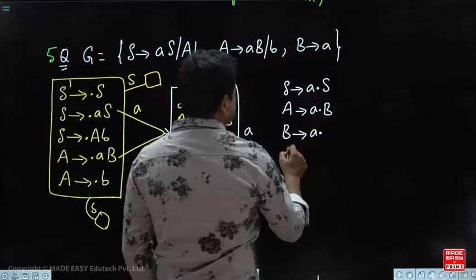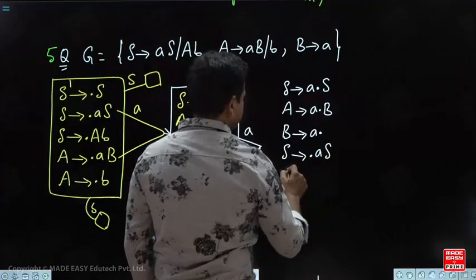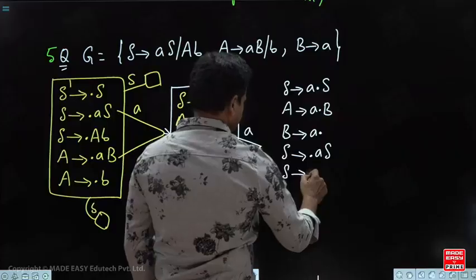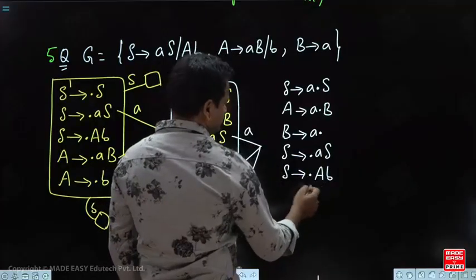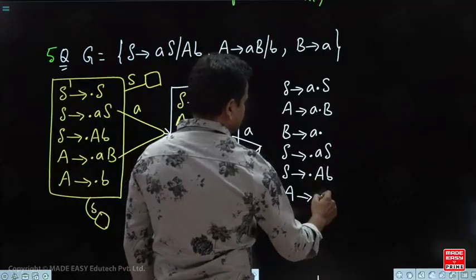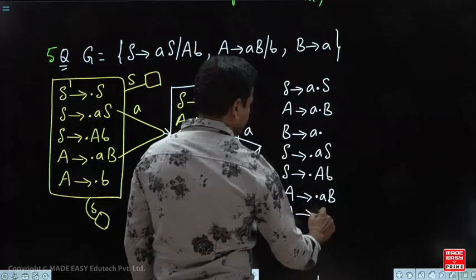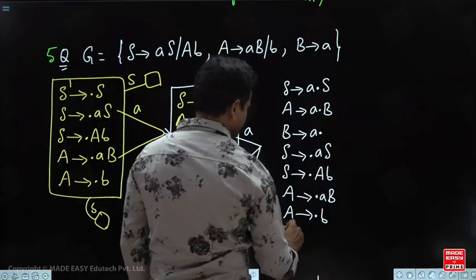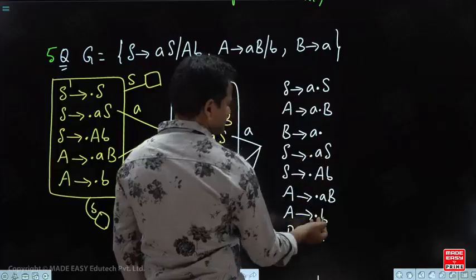So A dot S, A dot B, A dot. Again dot after S, so add its productions. It has two productions, AS and AB, and dot after A, so add its productions. What are they? Dot AB and dot B, and dot after B. You need not write all this because already you have shift symbol a and shift symbol b.